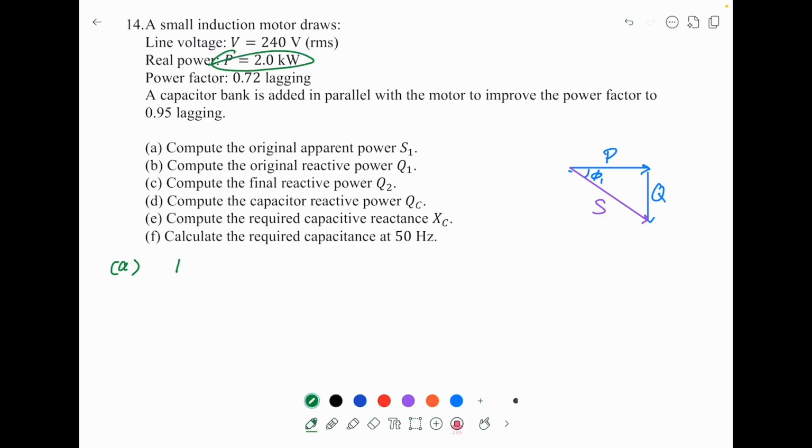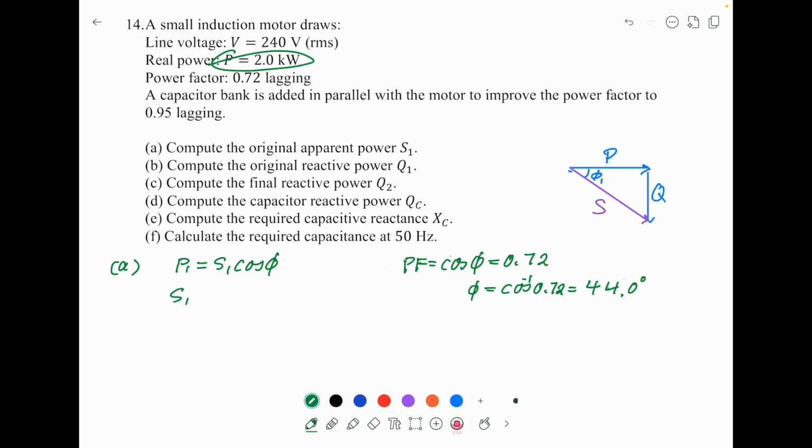The real power is equal to apparent power cosine phi. The power factor PF is equal to cosine phi and is equal to 0.72. And from here we can say phi is equal to inverse cosine 0.72 and is equal to 44.0 degrees.